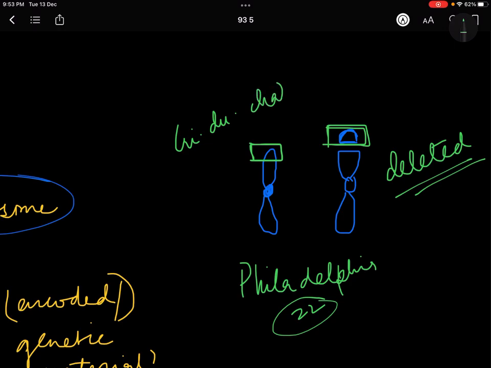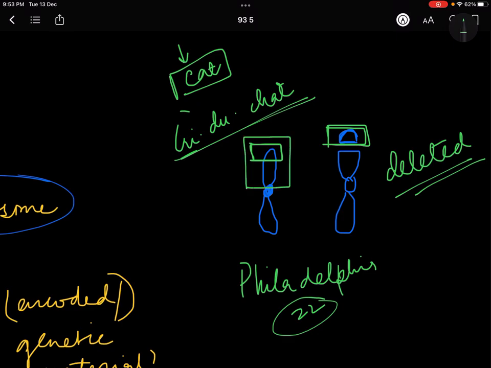This is a disease in children, in which the cry of the baby becomes like a cat's cry, so that is why it is called cri-du-chat. Herein the deletion happens on the short arm of chromosome number 5. Okay, so we have seen deletion.